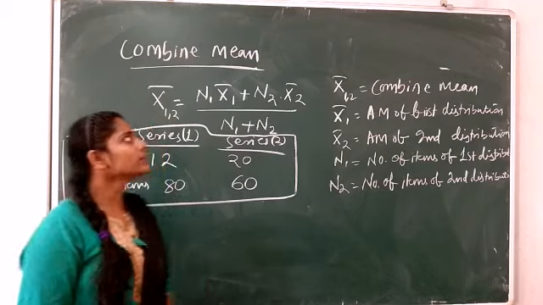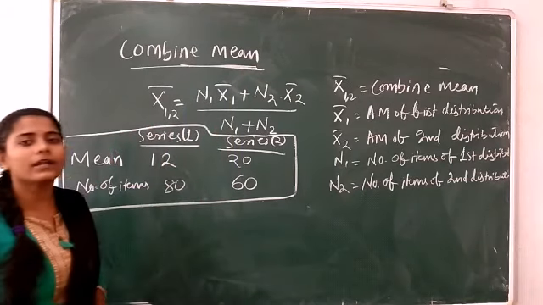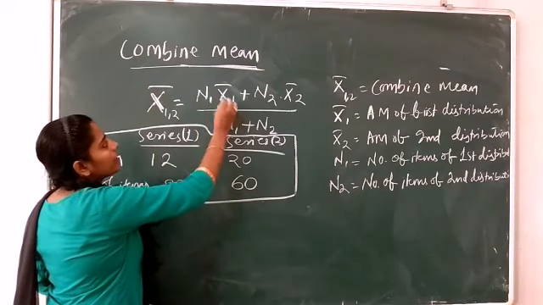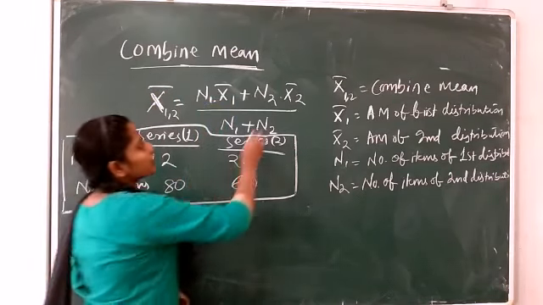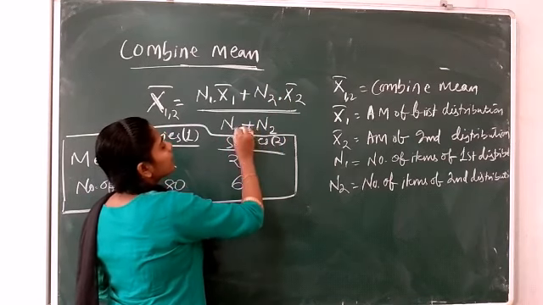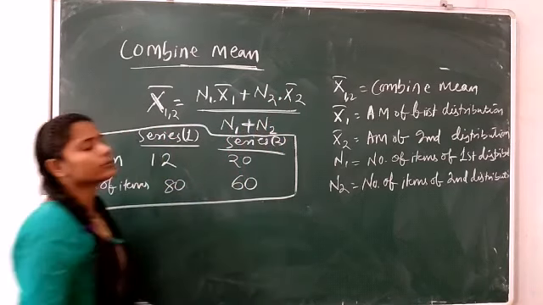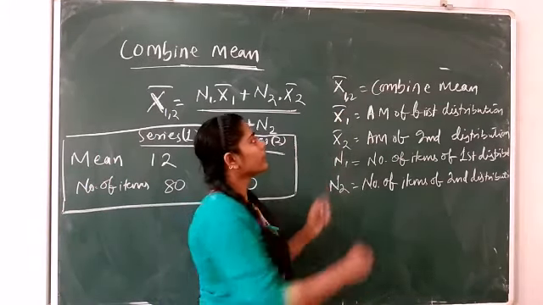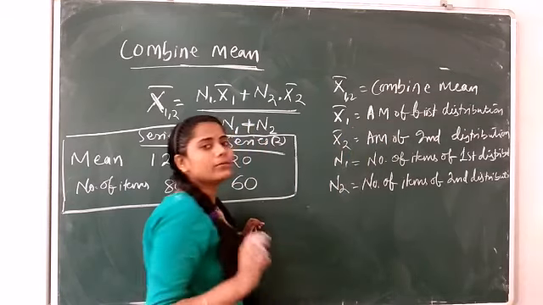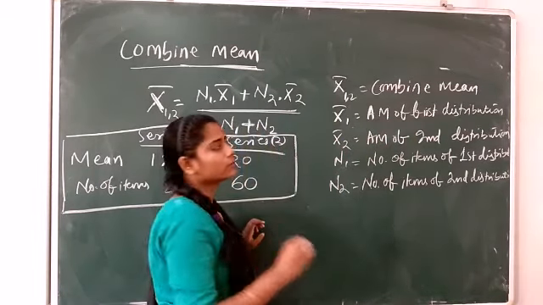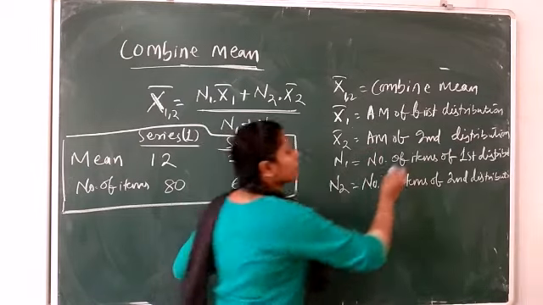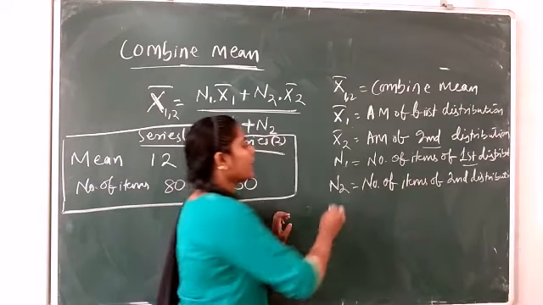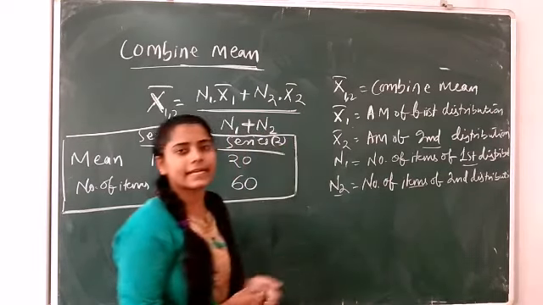Next we calculate combined mean. The formula of combined mean is, combined arithmetic mean of the second distribution, n1 equals number of items of the first distribution, and n2 equals number of items of the second distribution.